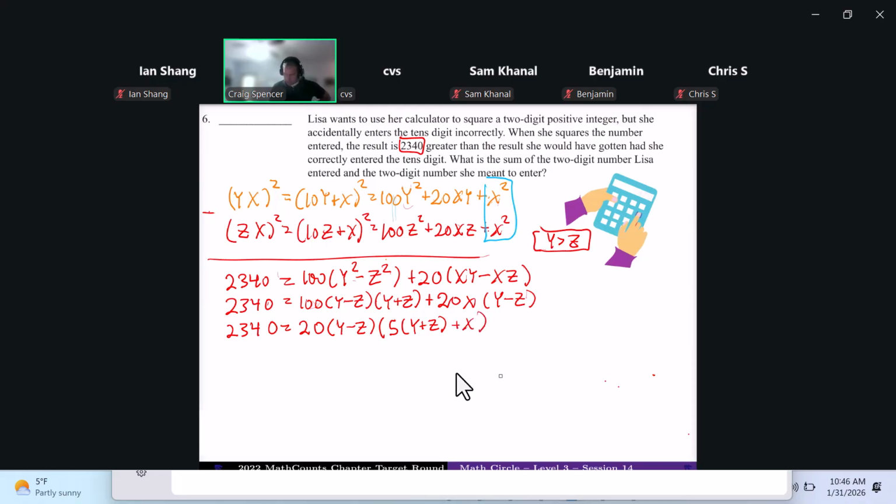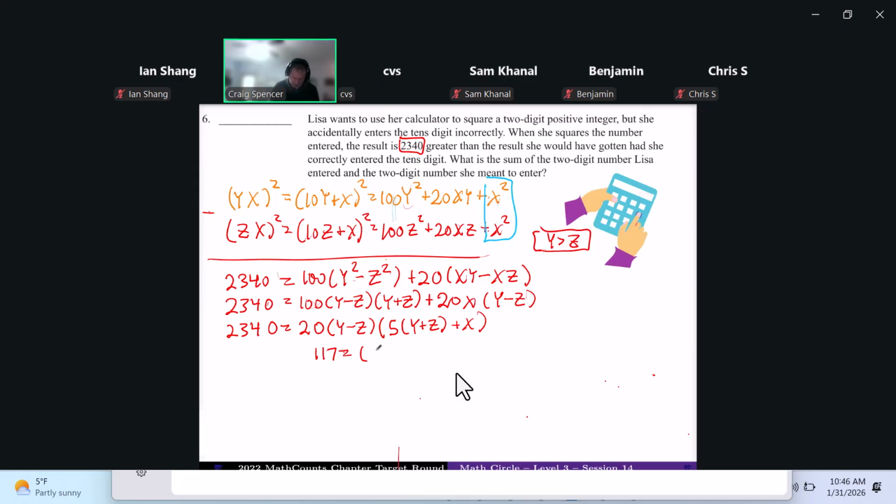Now, this here is not necessarily super fun to deal with if you don't have a calculator. So one thing you might want to do is at least simplify the numbers. I'm going to divide both sides by 20. That might not be the easiest thing to do if you don't have a calculator, but if you do, 2340 divided by 20 gives 117.